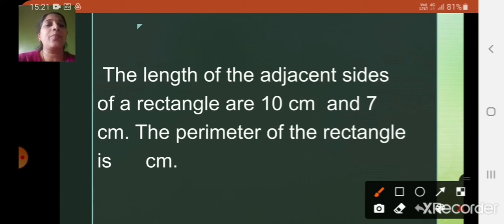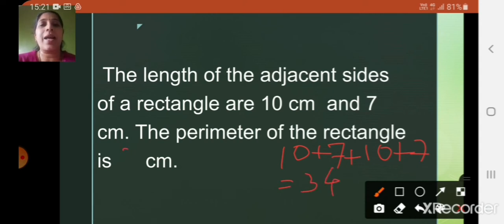You will write 10 centimeter plus 7 centimeter. The other two sides are also the same, again plus 10 plus 7. So 10 plus 7 is 17, 17 plus 10 is 27, and 27 plus 7 is 34. So you get the answer as 34 centimeter. So the perimeter of the rectangle is 34 centimeter.